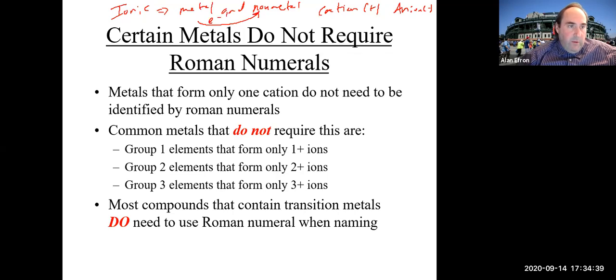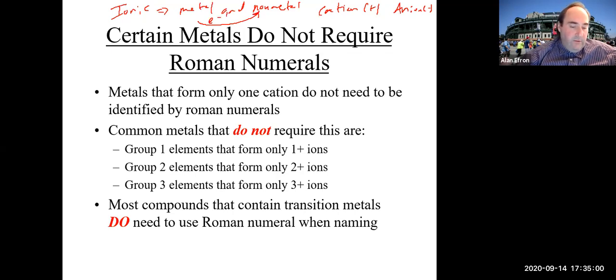So we drop the last part of the non-metal name and replace it with -ide. So O2- goes from oxygen to oxide. N3- goes from nitrogen to nitride. Chlorine goes to chloride when it gains a -1 charge.